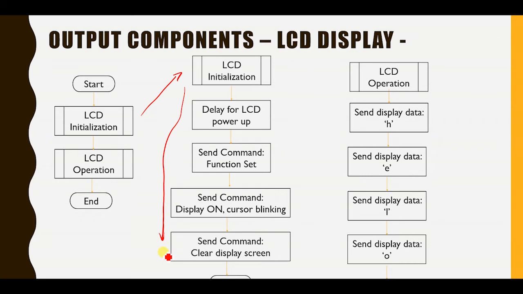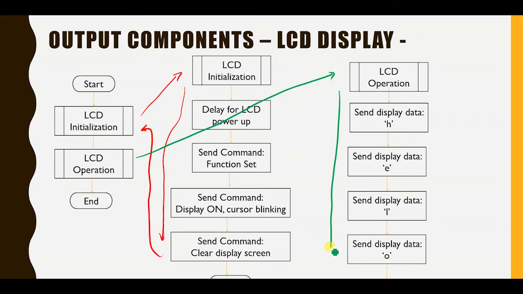You can assume this is like a subroutine, and then you go back here. Then LCD operation, and then the green one will go here, and then here, and then go back here. This is what actually happens during the LCD operation.